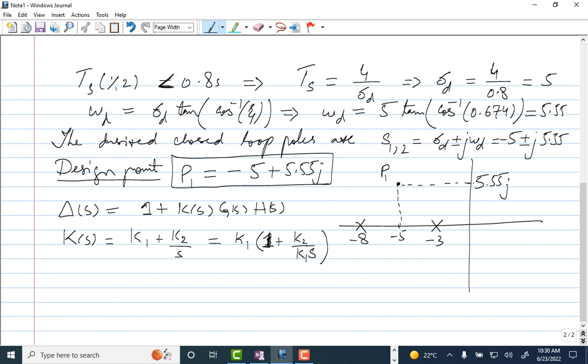Now this is another form. And if you remember, G of s was 5 divided by (s plus 3) times (s plus 8).